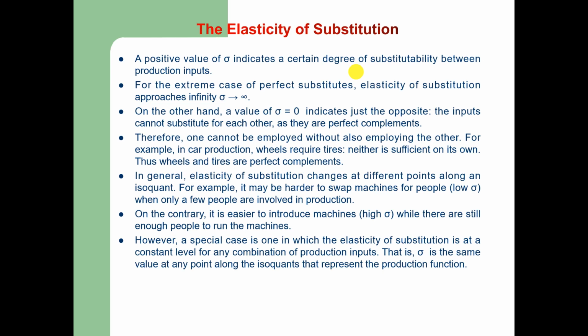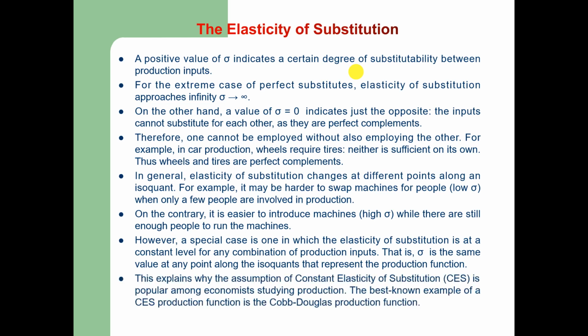And what could be that production function? This explains why the assumption of constant elasticity of substitution, CES, is popular among economists while studying production. The best known example of a CES production function is the Cobb-Douglas production function, where the elasticity of substitution is constant.